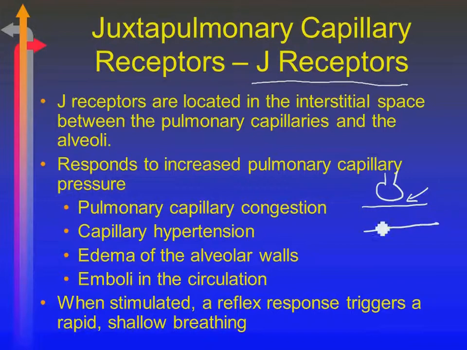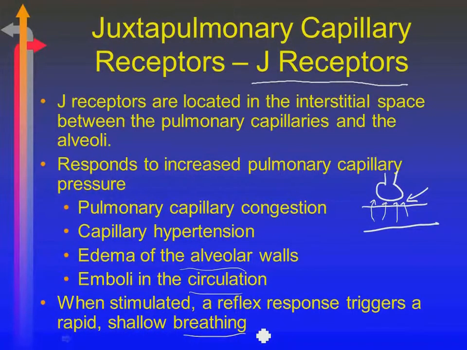Why would it rise? Because I'm collecting fluid. Fluid's leaking out and building up pressure inside there, causing capillary congestion, edema of the alveolar walls, sometimes a PE, and the reflex basically stimulates a rapid, shallow breathing pattern.